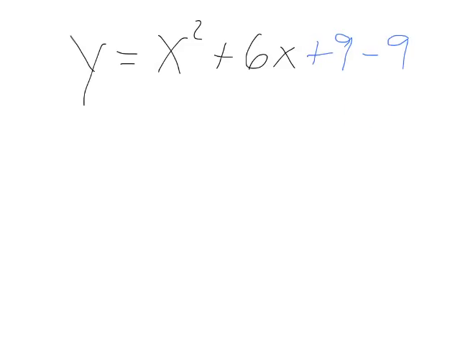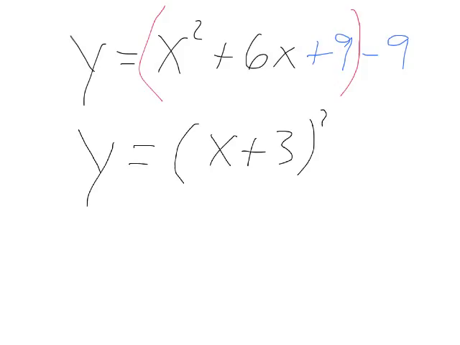So looking at it, I can now look at just the first 3 terms, here to here. And that is the perfect square trinomial that I was looking for. Now I can simply rewrite this as x plus 3 quantity squared, and then I still have this minus 9 at the end. And like magic, it is now in vertex form.